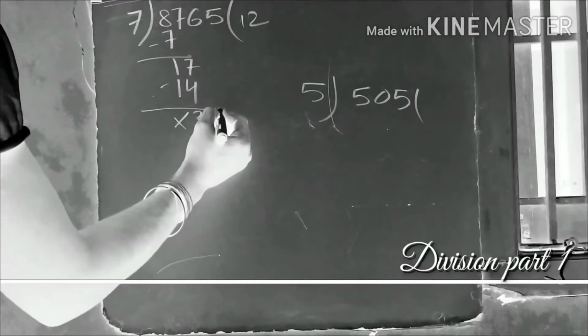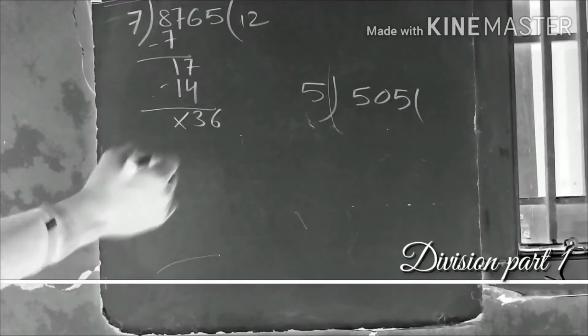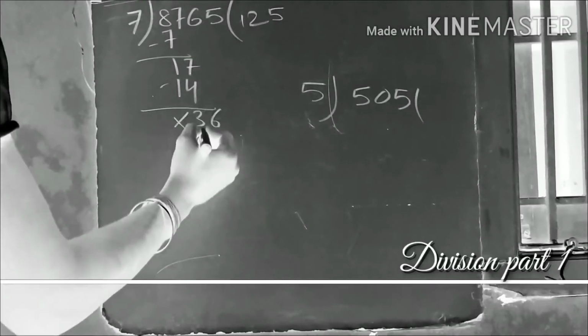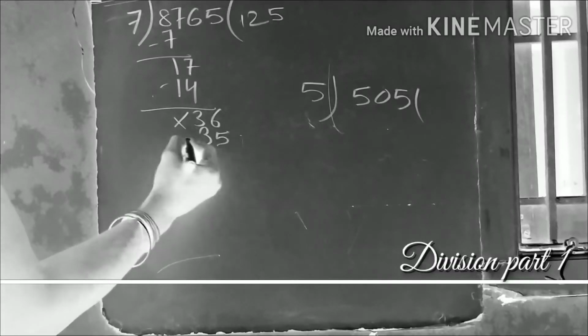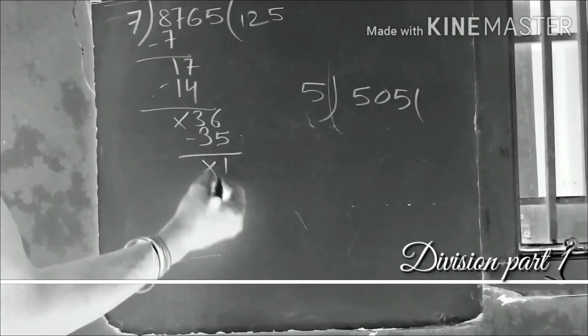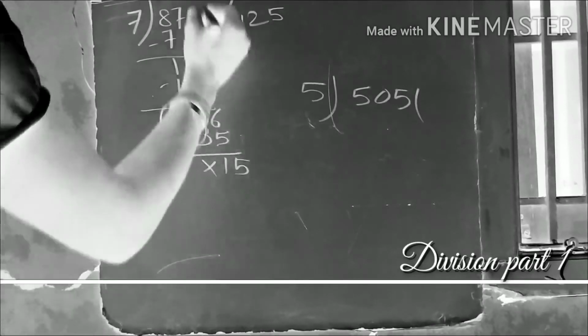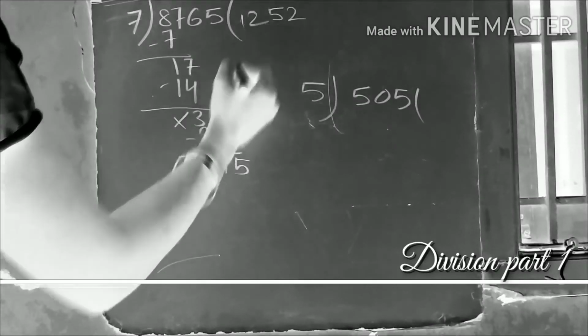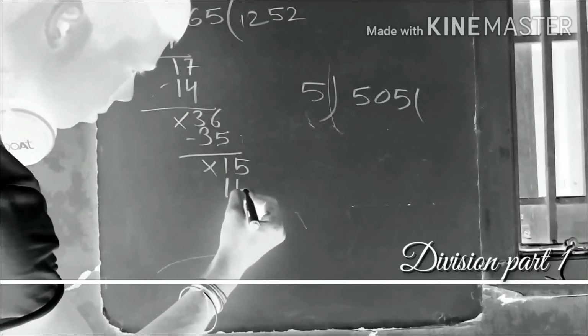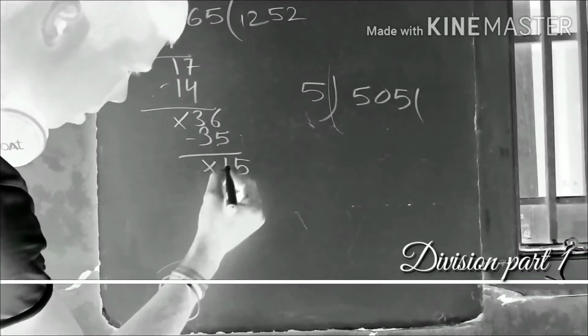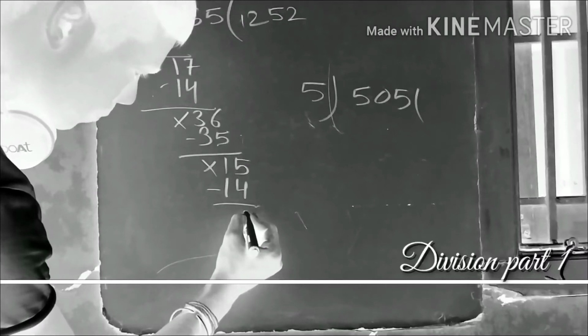Cancel out. 7 5s are 35. 1 cancel out. This is 15. 5 will come here. 2 times how much? 14. Subtract, 5 minus 1.